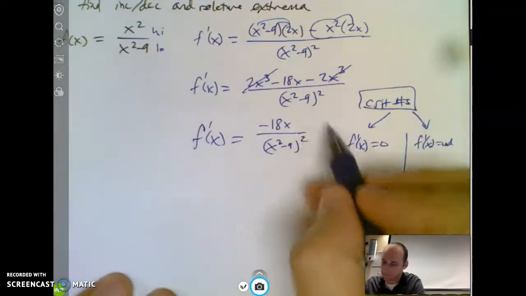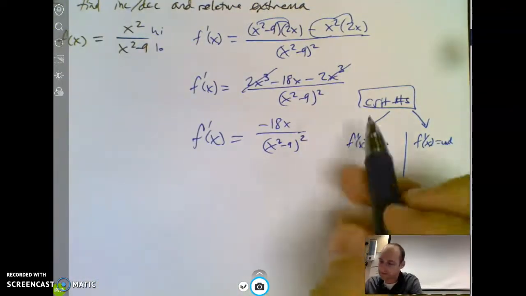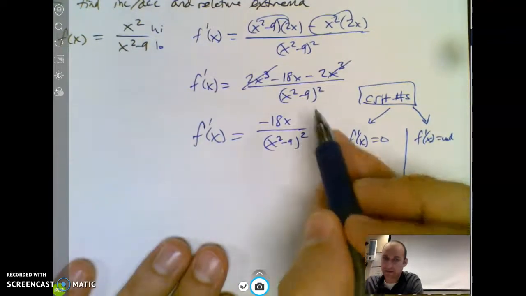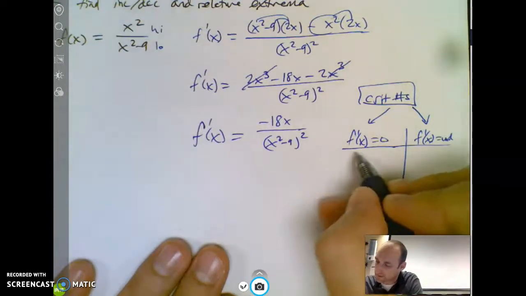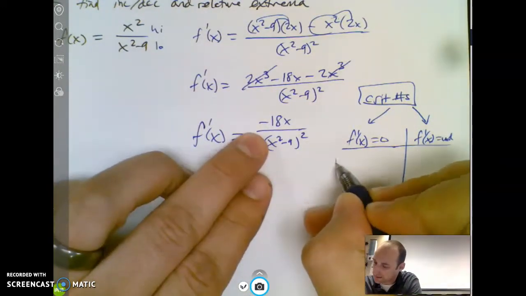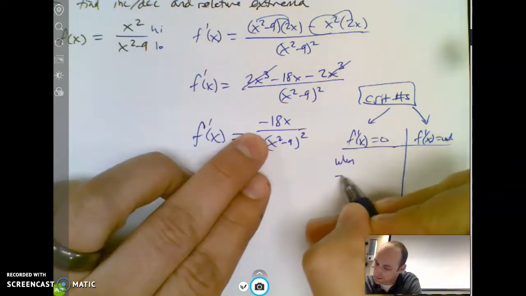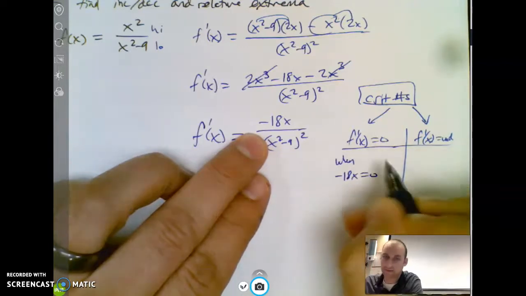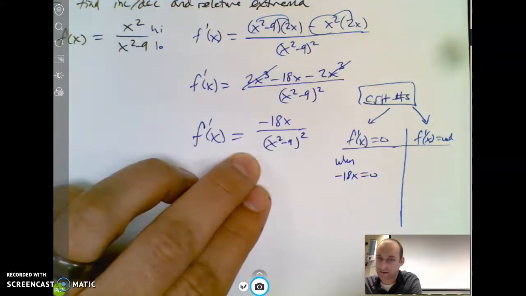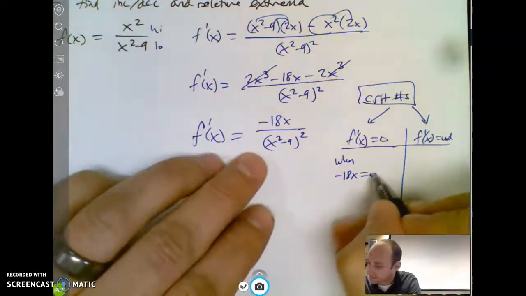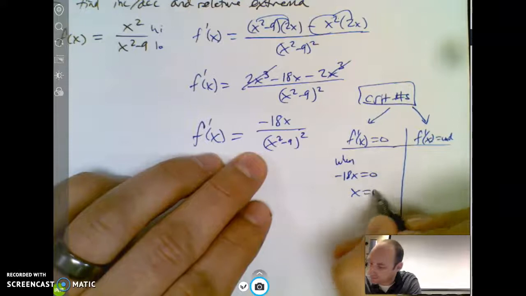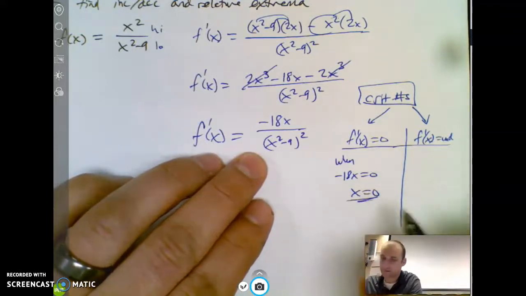A fun little fact: a fraction is worth 0 when the top is equal to 0. So all you have to do for this one is set negative 18x equal to 0, because then this whole fraction will be 0, like 0 over 10, 0 over 20, that sort of thing. So I just got to solve that. Divide by 18. You get x equals 0. There's a critical number.